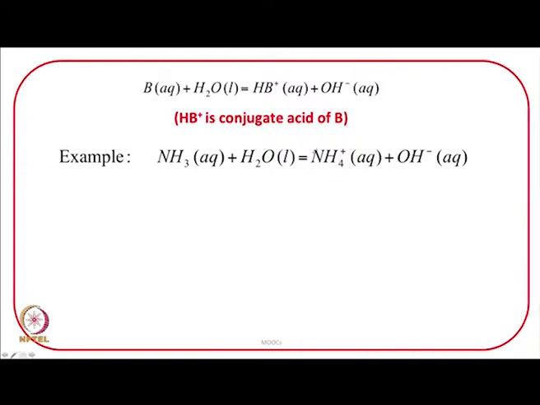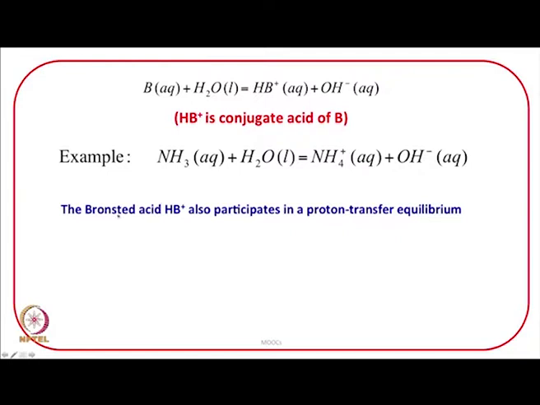Now, since this NH4 plus itself is an acid, a Bronsted acid HB plus, NH4 plus is a type of acid HB plus, and it can participate in a proton transfer equilibrium, because as we discussed earlier, any molecule which can donate a proton to another molecule will act as an acid.